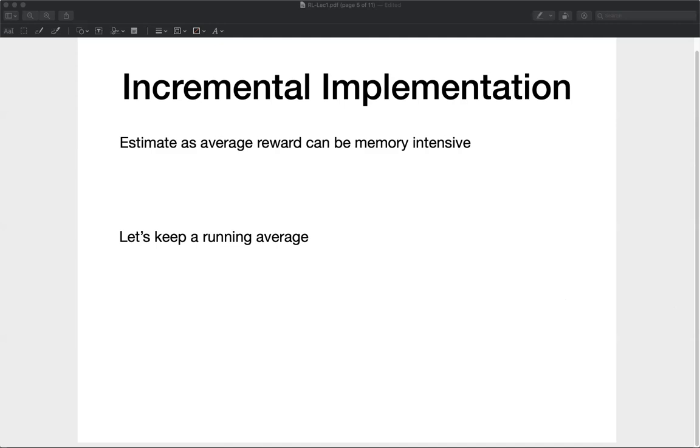And you can see how this can be memory intensive if I had to keep in memory all the previous rewards, right? So the idea then is to calculate this average on the fly, so that I only ever keep the running total and the new value that I get at every time step. Does that make sense to everyone?